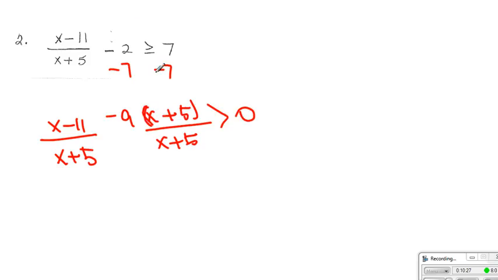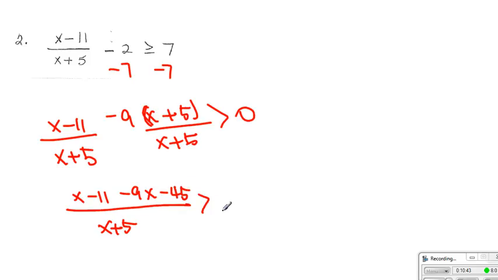Has to be greater than 0 because those two cancel out. We end up having x plus 5, and the numerator becomes x minus 11, and then minus 9x minus 45. Has to be greater than 0.